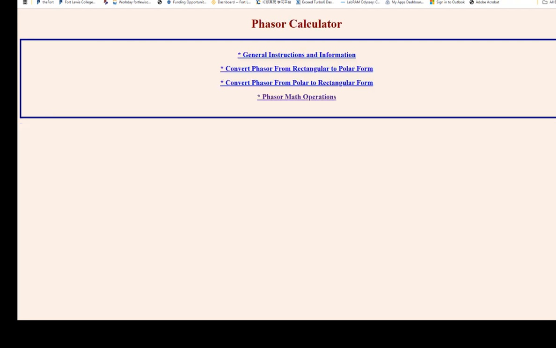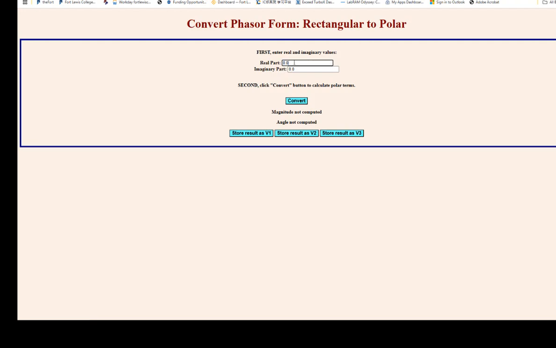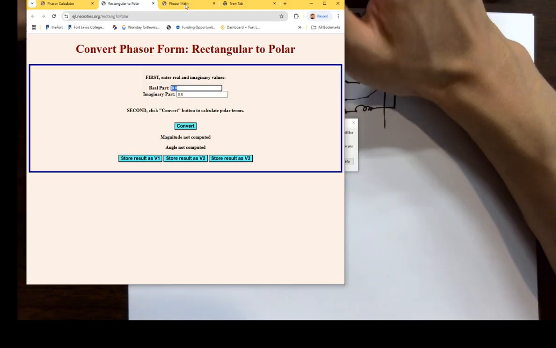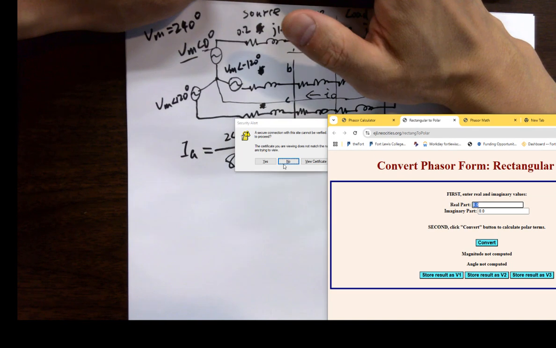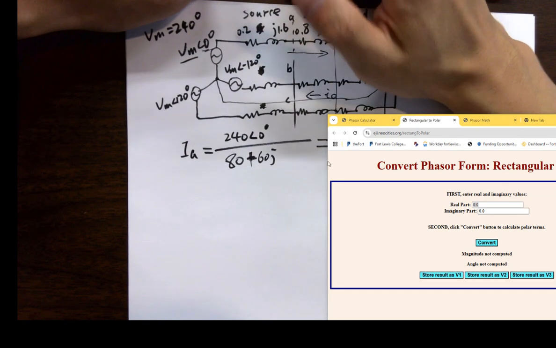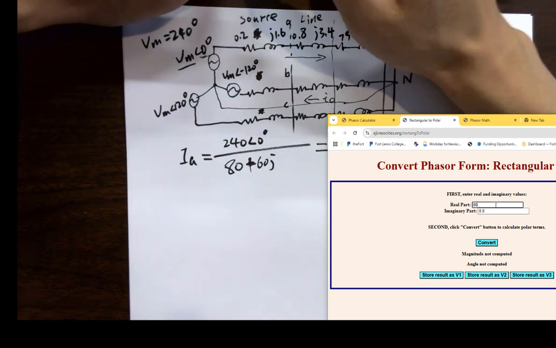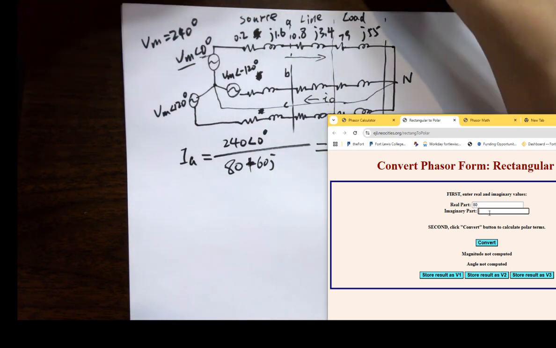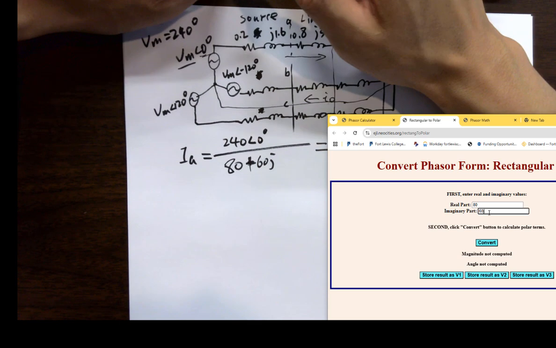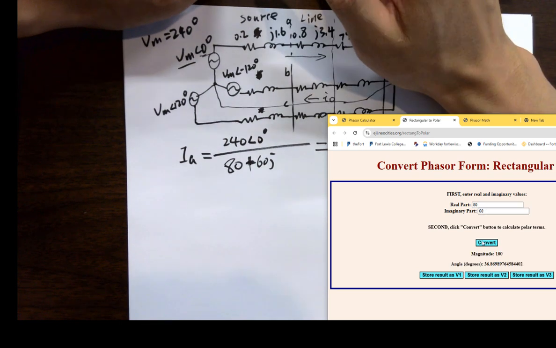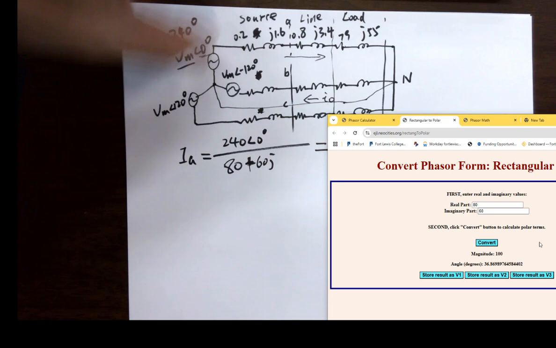Not this one, sorry. It's going to be rectangular form to phasor form, right? So the rectangular form, the real part is 80 by looking at this one. So it's 80 plus 60J. Convert. It's getting 100.